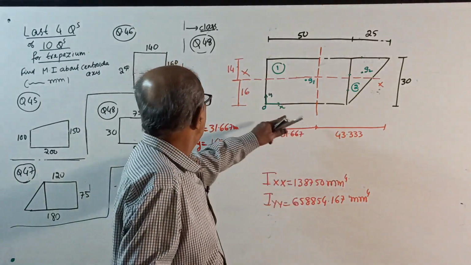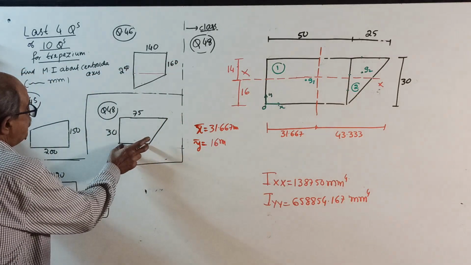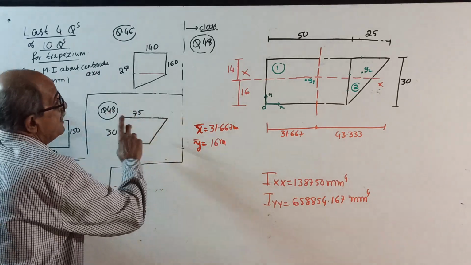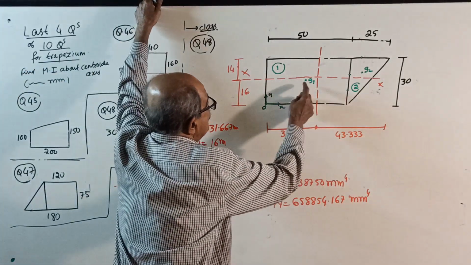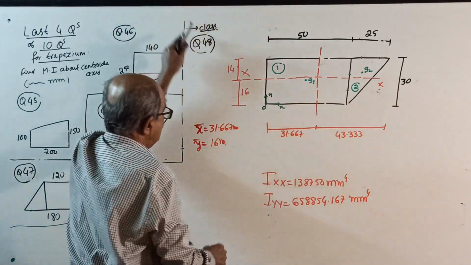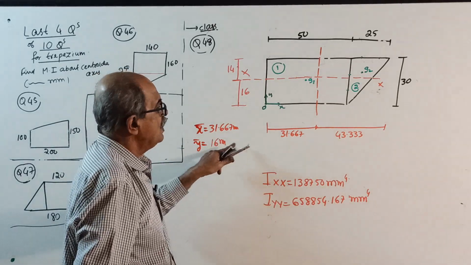See, divide into parts. 50, 75 means 50, 25, 30. G1, G2. Find X bar, find Y bar. X bar will come 31.667. Y bar will come round number 16.